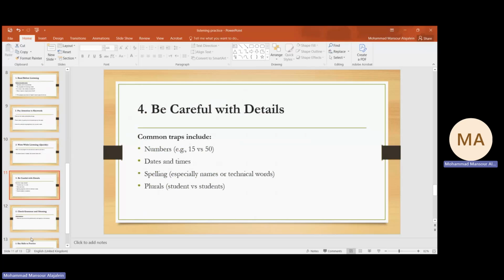There's a difference between 15 and 50, okay? Sometimes instead of providing 15, you may provide 50 or vice versa, and this leads to a wrong answer, of course. Dates and times.